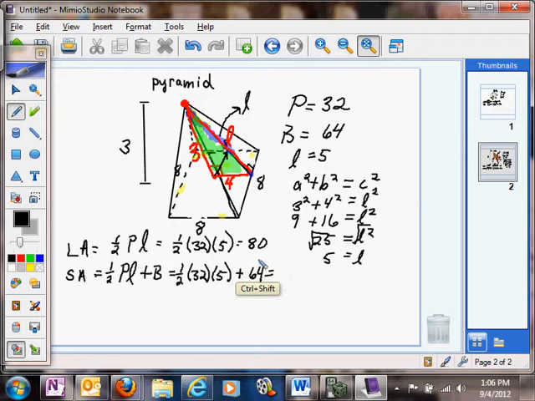And then for the total surface area, 1/2 times 32 is again 16, and 16 times 5 is 80. Then 80 plus 64 gives you 144, I believe. And that is how you find the total surface area and the lateral surface area of a pyramid.